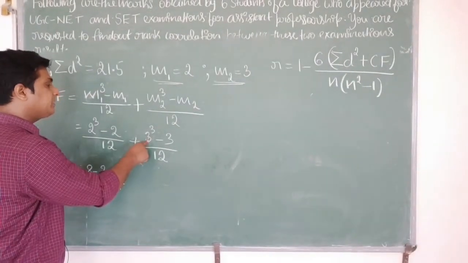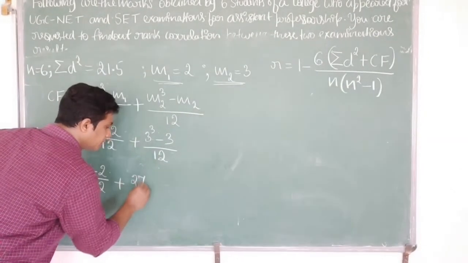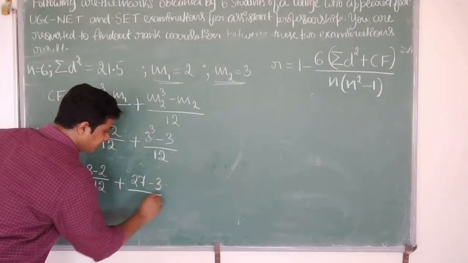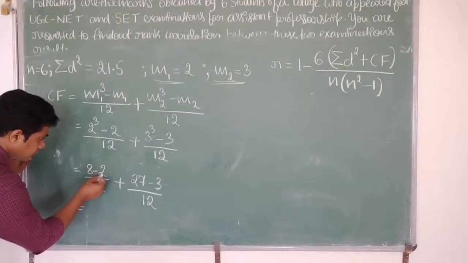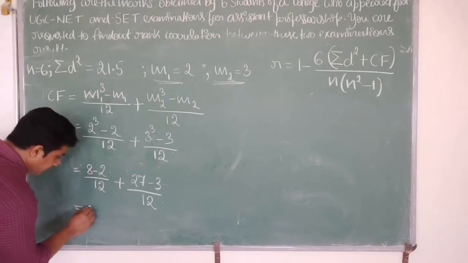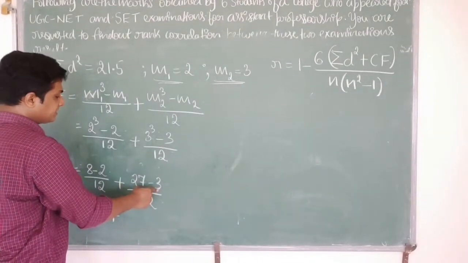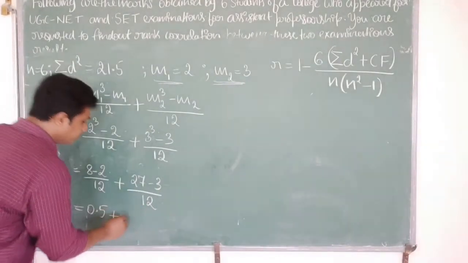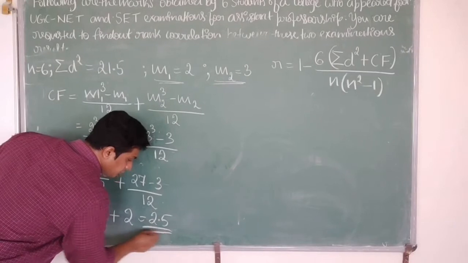The second component will be 3 cube: 3 square is 9, 9 into 3 is 27, 27 minus 3 divided by 12. In the first case, 8 minus 2 is 6, 6 divided by 12 is 0.5, plus 27 minus 3 is 24, 24 divided by 12 means 2, so therefore your correction factor is equal to 2.5.